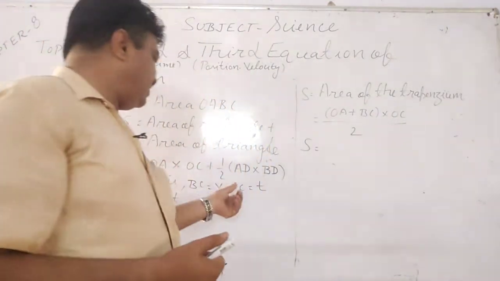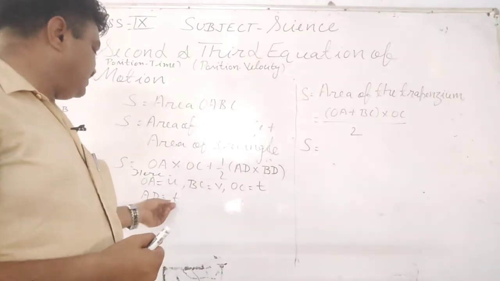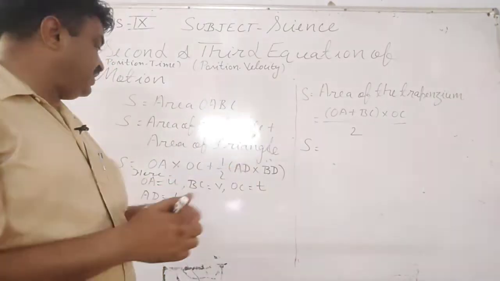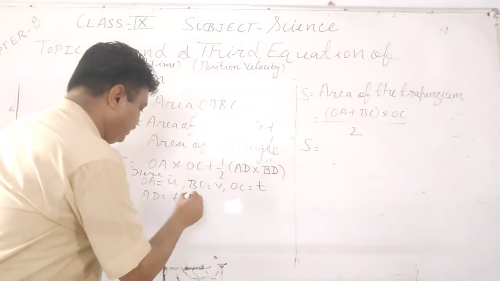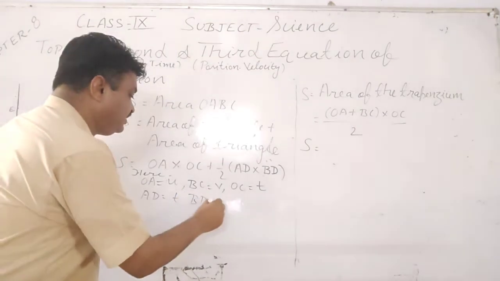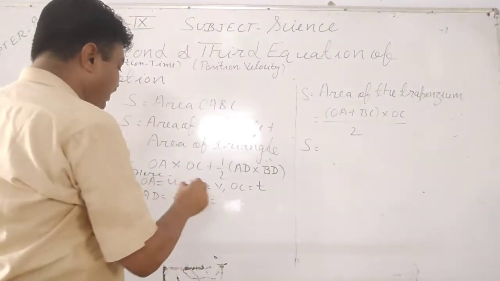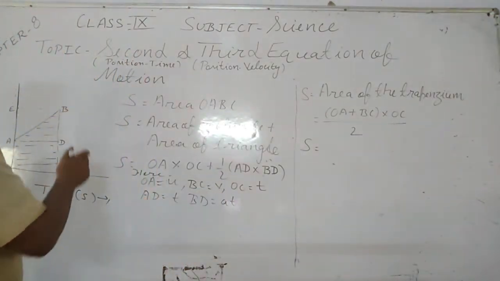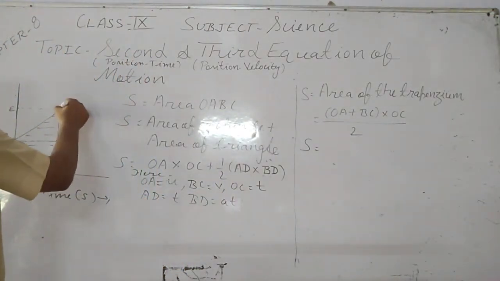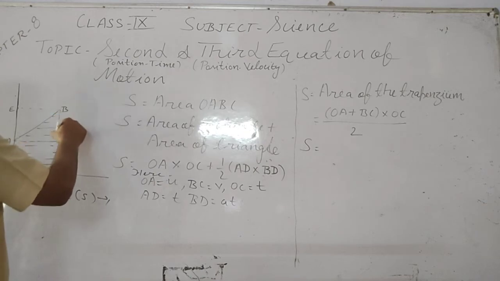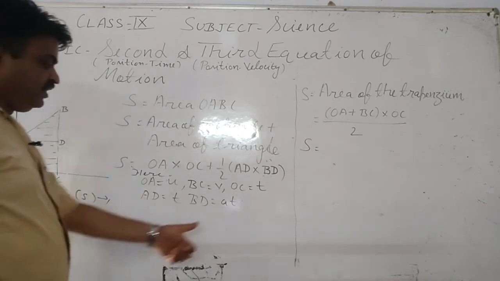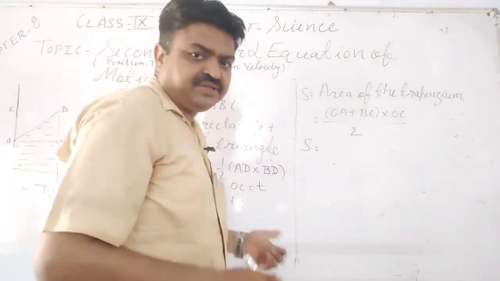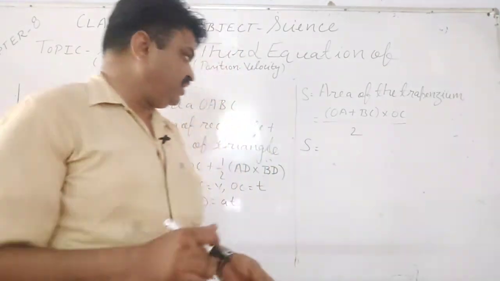So it is the time, and AD is also time. But what is BD here? BD is representing here at, that is, acceleration with time.